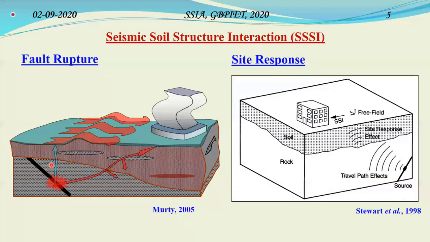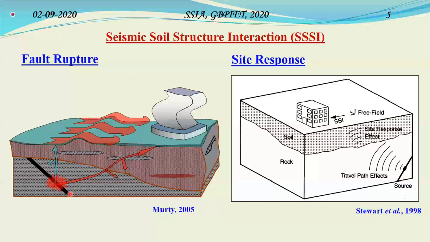So in the left hand side figure, you can see a fault plane which has ruptured, and due to this rupture, stress energy waves have been generated from the focal point, and they may travel directly upwards to the free ground where there is no structure present, or they may travel through the soil medium to the places where structures are existing. So in this seismic soil structure interaction, we have to understand various factors which affect the seismic soil structure interaction and subsequent response.